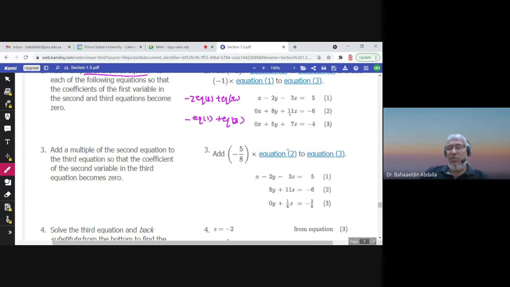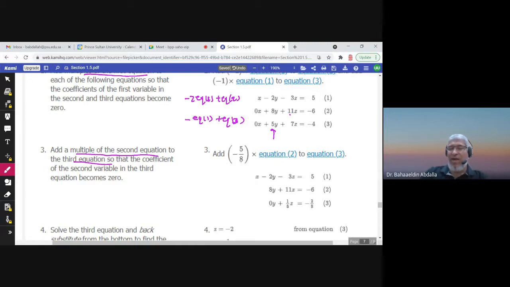Now what to do? Now I need to eliminate y from the last equation. So how to eliminate y from the last equation? I add a multiple of the second equation to the third equation, so that the coefficient of the second variable, which is y, will be eliminated. To do that, you have 8y here.